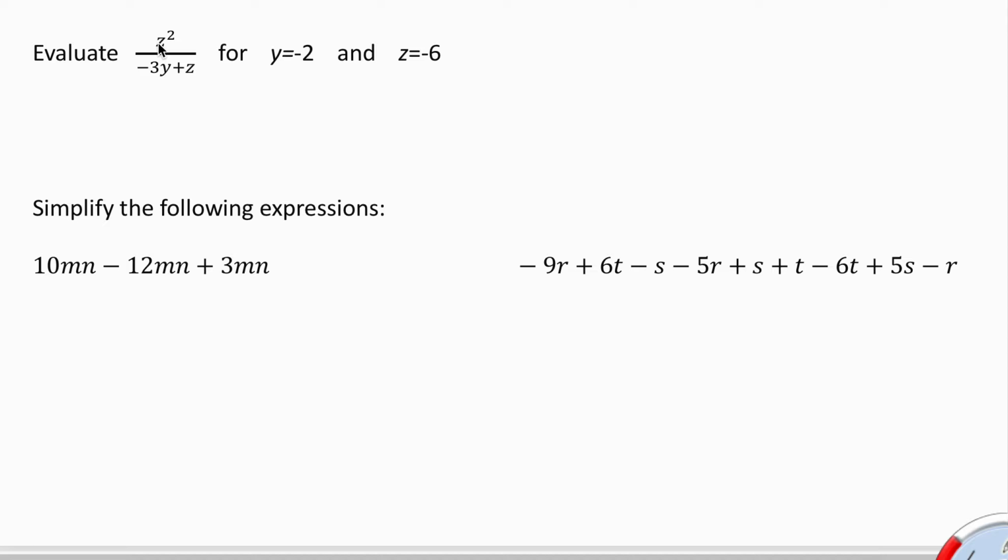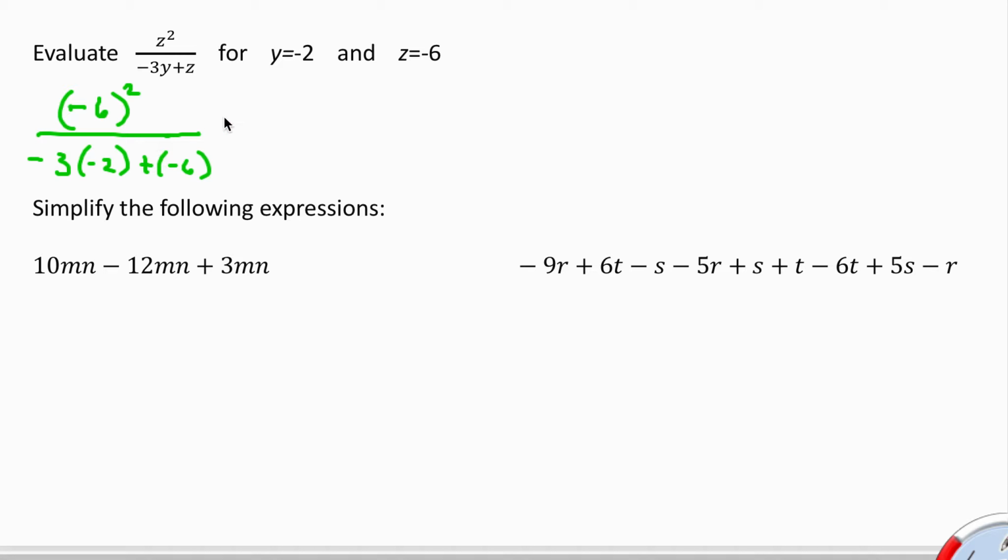That just means put a -2 everywhere there's a y and a -6 everywhere there's a z. So -6 over -3 times -2 plus -6. I just replaced every y with -2, every z with -6, and then there's not any variables left.